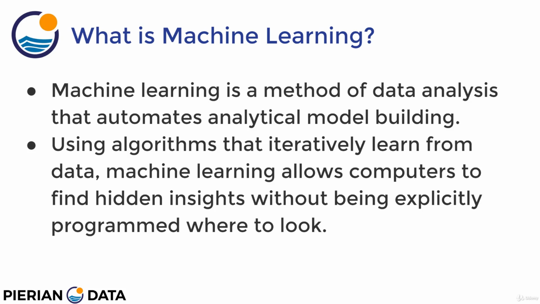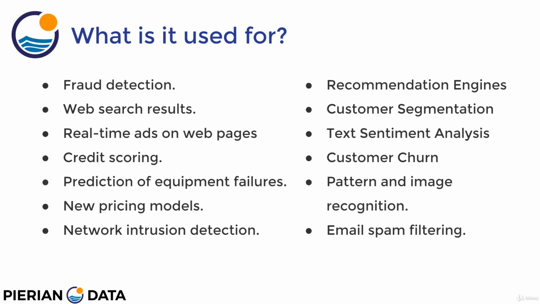However, with machine learning, we follow a general process and then allow the machine learning algorithm to figure out the best approach depending on the data. So it ends up learning from the data, and that is what automates the model building.